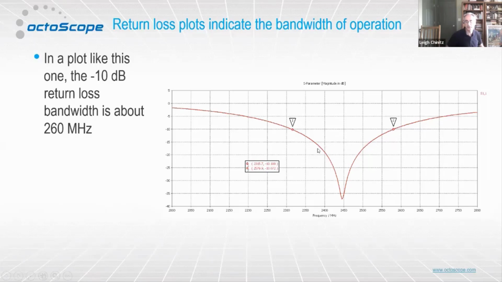You can ask yourself, where should I use it? If you use negative 10 dB return loss as the answer, these markers show that it's between about 2315 and 2580 megahertz, so about 260 megahertz of bandwidth. So this antenna is designed to work at about 2450 megahertz, with a bandwidth of about 260 megahertz.